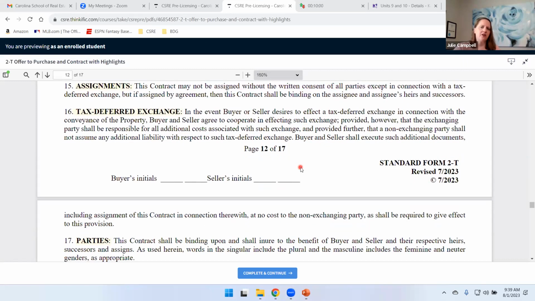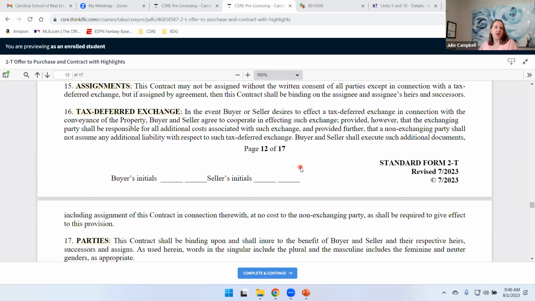Tax deferred exchange. We're going to talk about this a little bit in our investors unit. Tax deferred exchange is a great program for an investor. It's an IRS program. And basically what this allows the investor to do is use the proceeds of the sale of this investment property, take those proceeds and use them to purchase a new investment property.